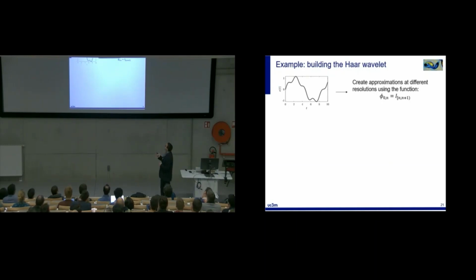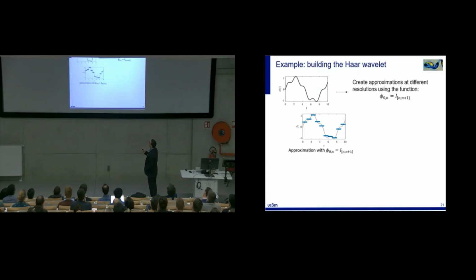So for instance, phi 0,0 is the function that has constant value between 0 and 1. Okay? If I do that, I'm just thinking of a sensor which takes the value of the function here, and puts the average value on that interval. So I take an approximation of x(t) as a bunch of these steps, okay? This one is the approximation at this level.